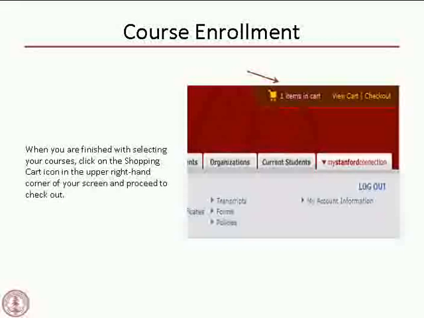You click on that cart as much as you would do in Amazon.com or similar application, and that will position you to a registration page to make sure that your basket is correct, and then you would be asked to provide payment at that time.